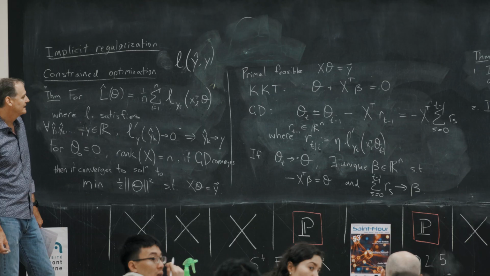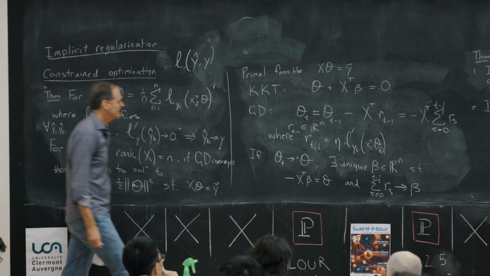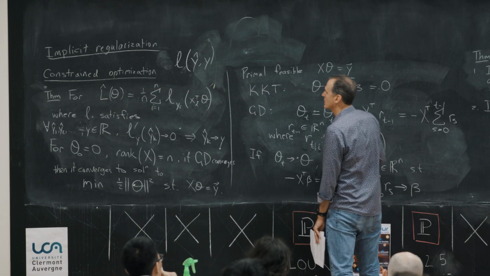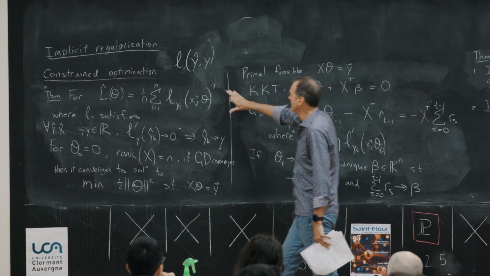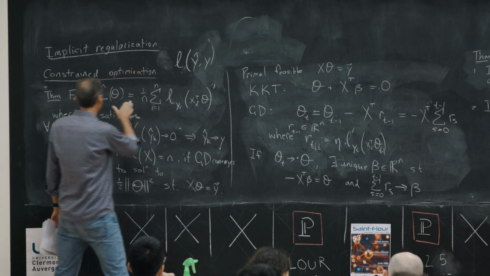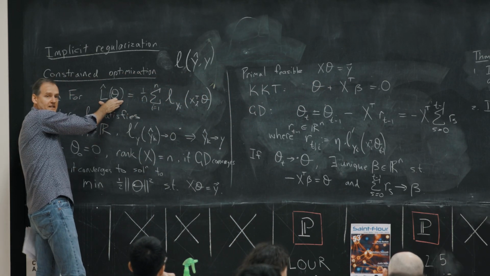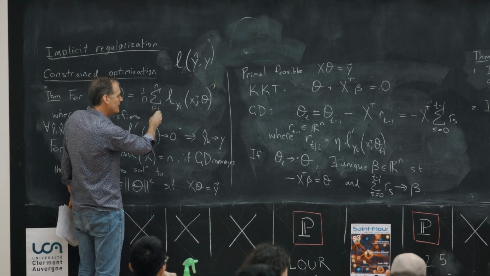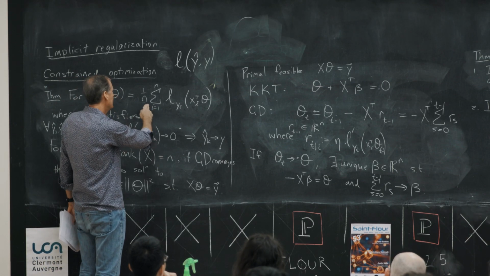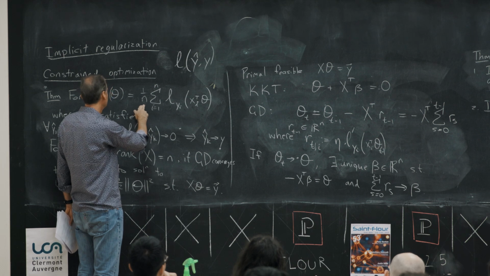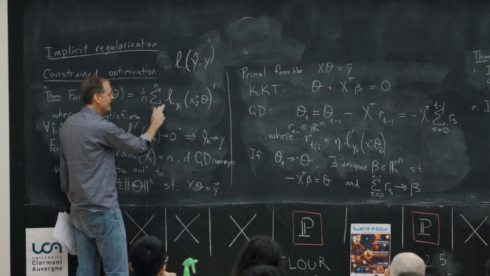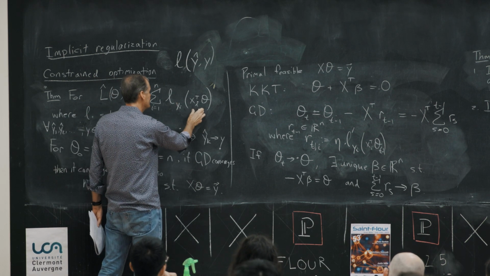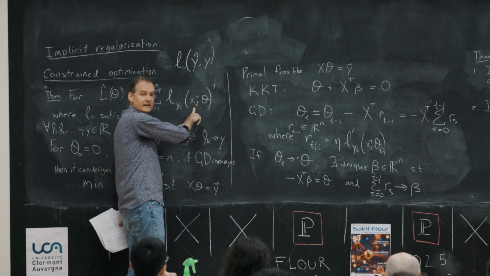Why are we taking... Oh, okay, so what are we minimizing here? It's this empirical risk. And so the gradient with respect to this thing is 1 over n, the sum of L prime of this thing times xi.